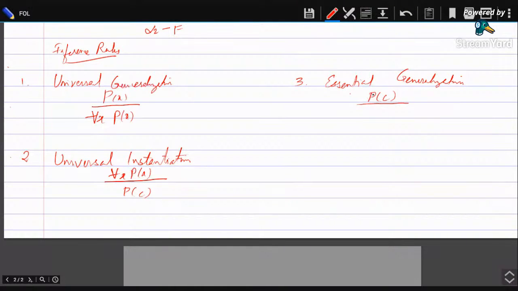This is talking about mammal, and c is a particular dog. If you are saying that this particular dog, c, is a dog, and that dog is a mammal, then you can generalize that there is some x such that P(x) is true.